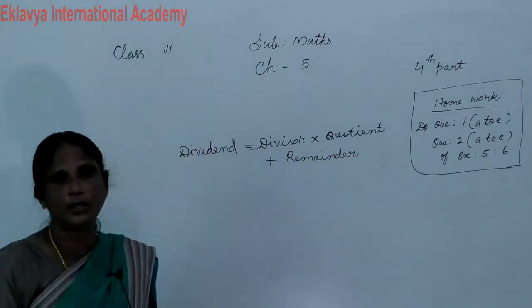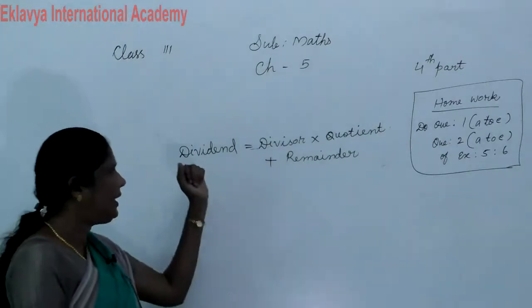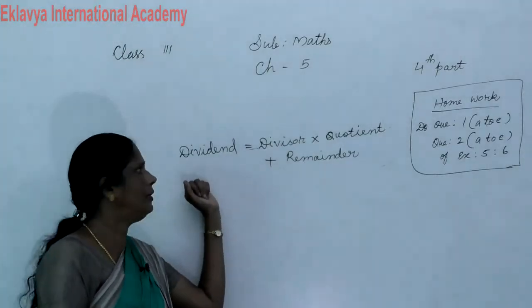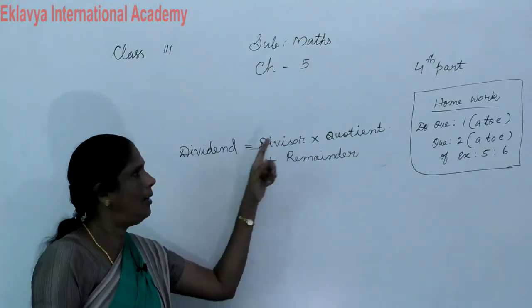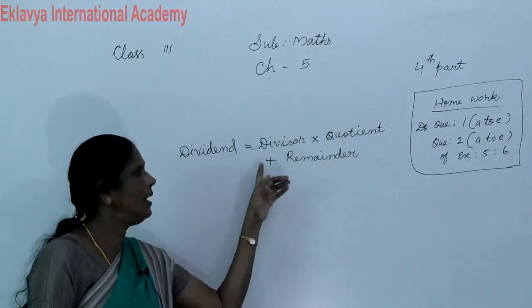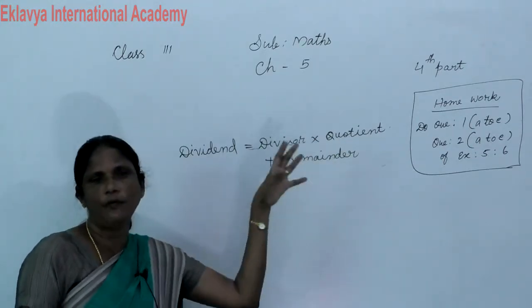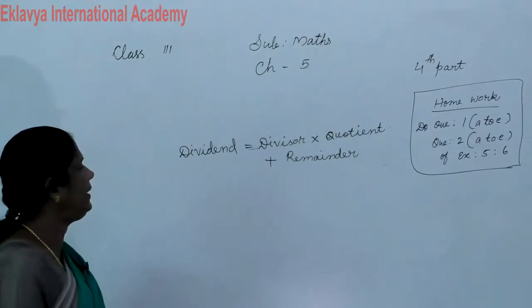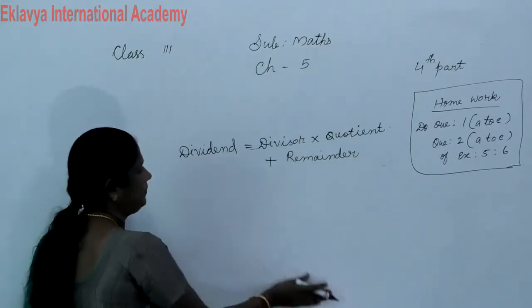How to check your answer? Dividend is equal to divisor multiply quotient plus remainder. This is the formula. First we divide this number, okay?